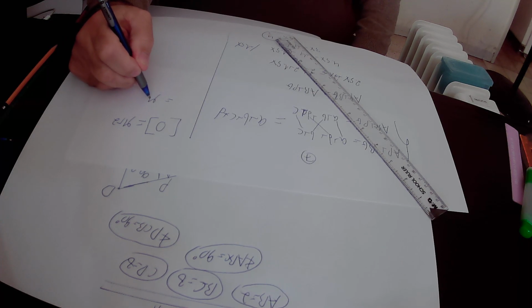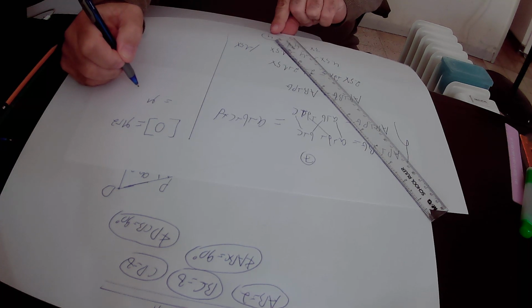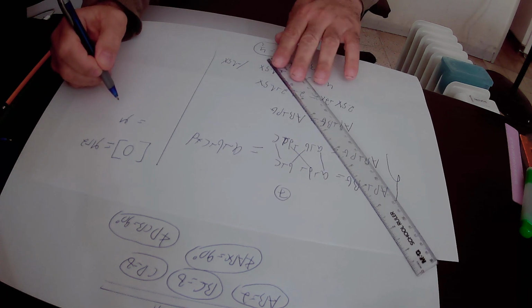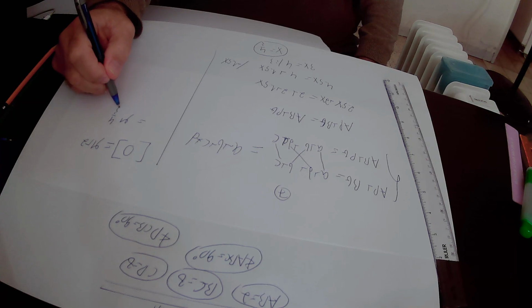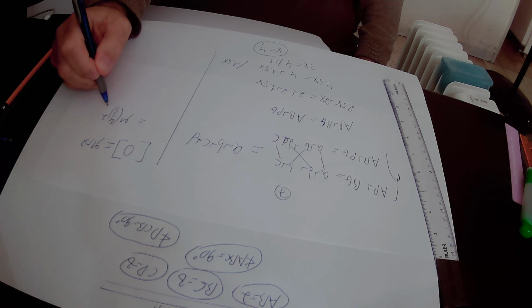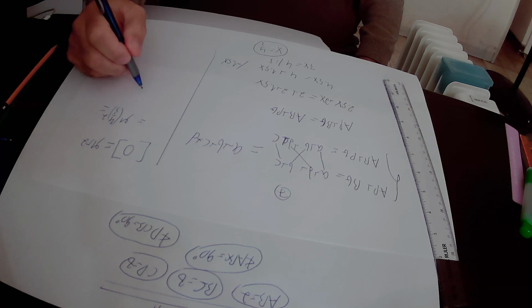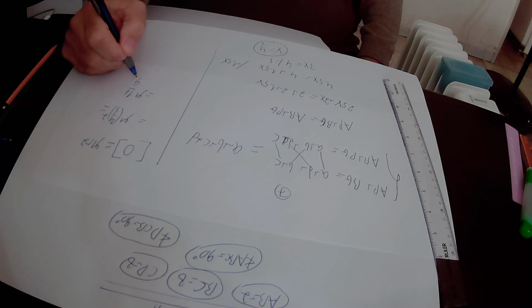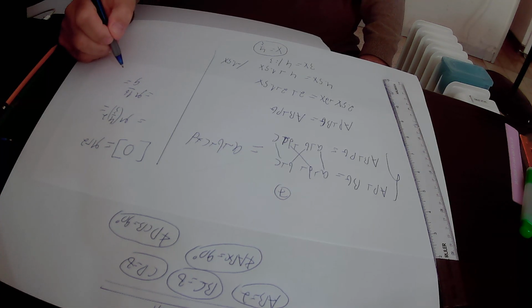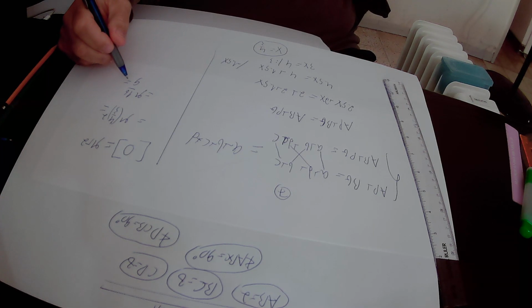So pi times r, where r, the radius of the circle, is 4 over 3. So 4 over 3 squared. That is the area of our circle. So it is pi, 4 squared is 16, over 3 squared is 9. So it is 16 pi over 9 square units.